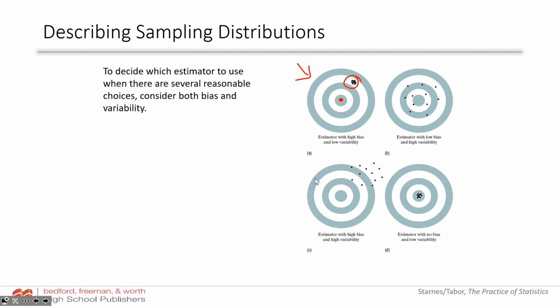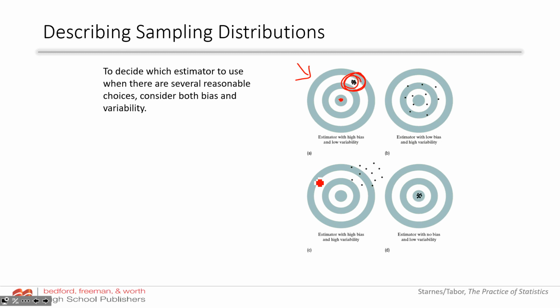So let's say it's a population mean, and those black dots that I circled here are all of the sample means. It's great. All the sample means are close to one another. They're very consistent. But do we want to use these sample means? They're so far away from the population value, right?